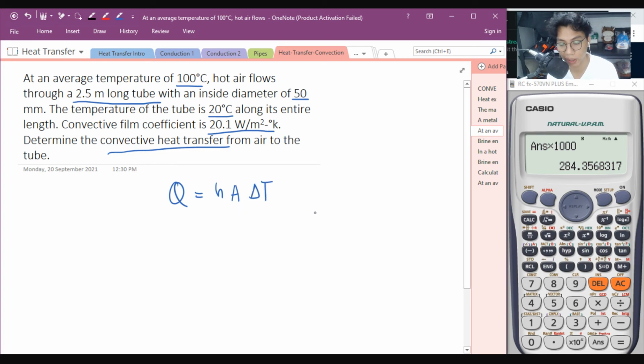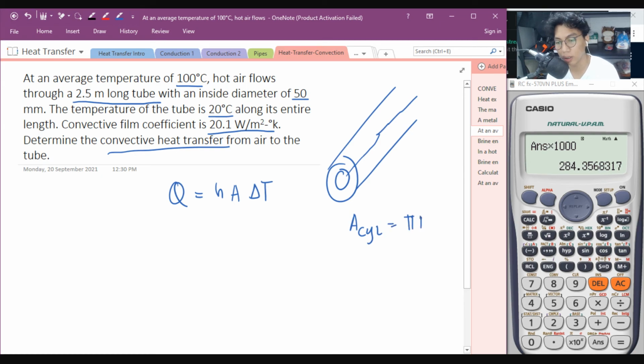Siyempre, yung annular area. Annular area. Pag binuyang-yang mo yung tube mo, meron kang tube dyan. Okay, ito yun. Ganon. Ikat mo sa gitna. Magkakaroon ka ng area ng cylinder. That is pi dl. Huwag na malilito dyan. Or 2 pi rl. Yun. 2 pi rl. Very basic na lang tong problem na to.